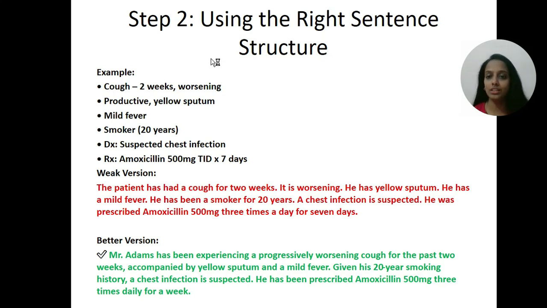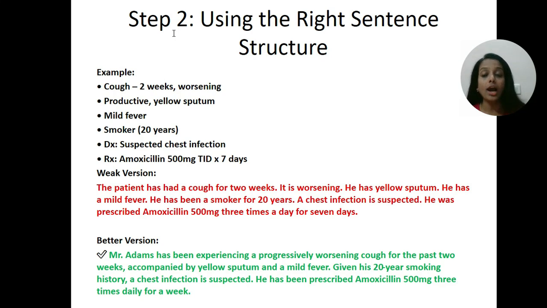Here is another case note example: cough for 2 weeks, worsening, productive yellow sputum, mild fever, and smoker for 20 years. Diagnosis is suspected chest infection, and prescription is amoxicillin 500 mg TID for 7 days.